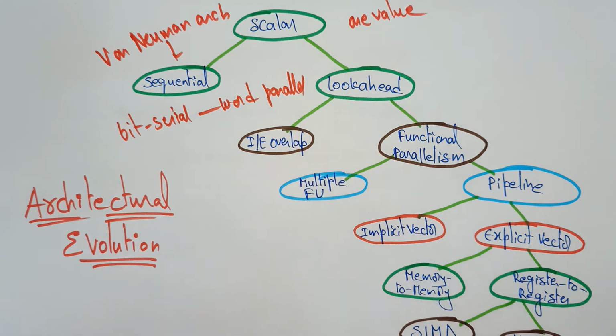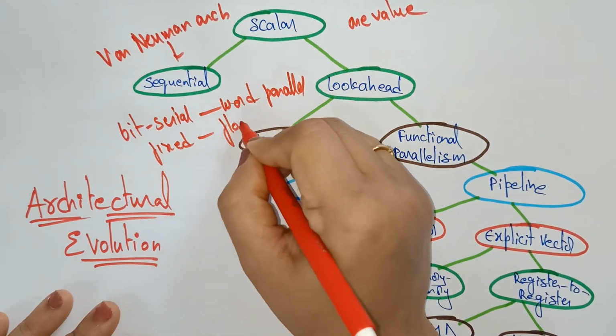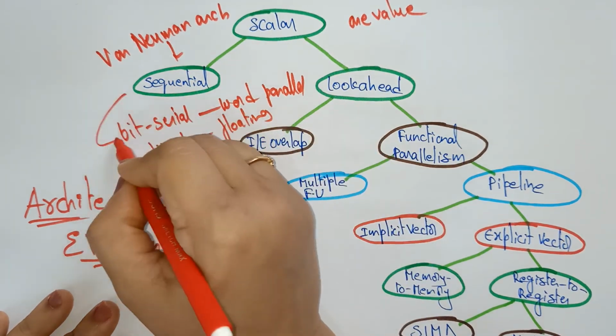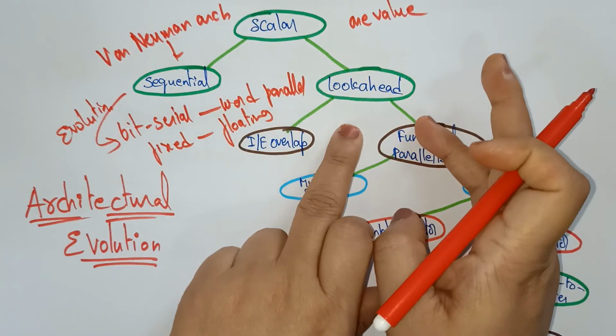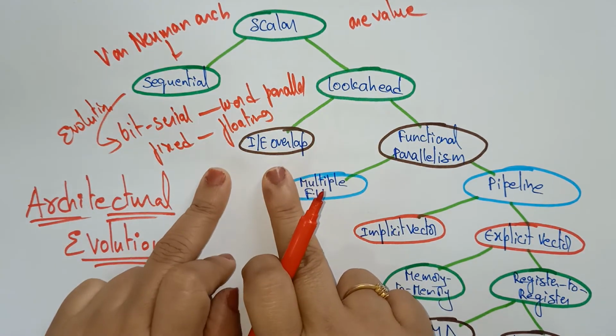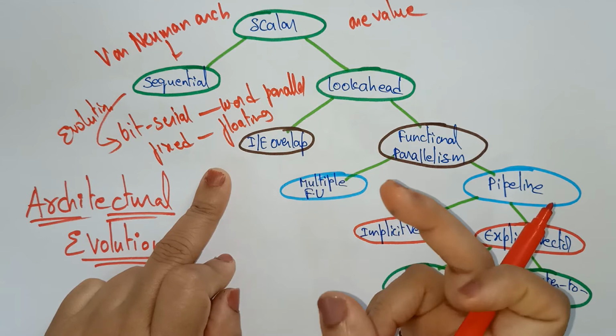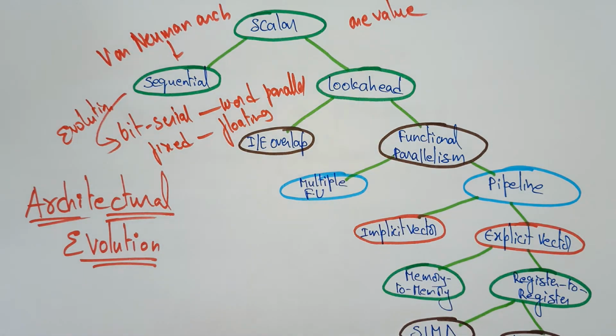That was improved to word parallel, like fixed point to floating point. This is the evolution from sequential to the next stage, that is look ahead. The von Neumann architecture is slow due to sequential execution of instructions in the program, so that's why it is changing to word parallel.